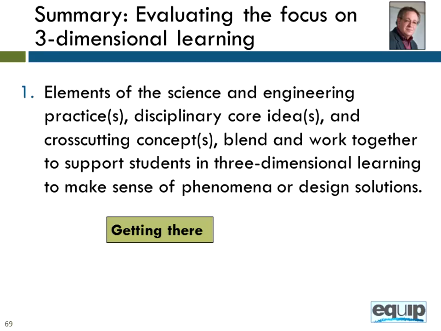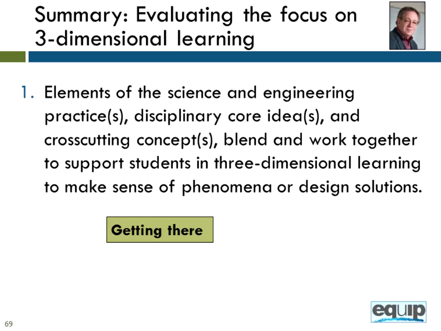So if we were to put together the three judgments, which is really the goal, are we engaging kids in three-dimensional learning? The goal in using the EQuIP rubric is not to do a thumbs up or a thumbs down vote. It's to figure out how we could improve this lesson or this series of lessons to better get at three-dimensional learning.